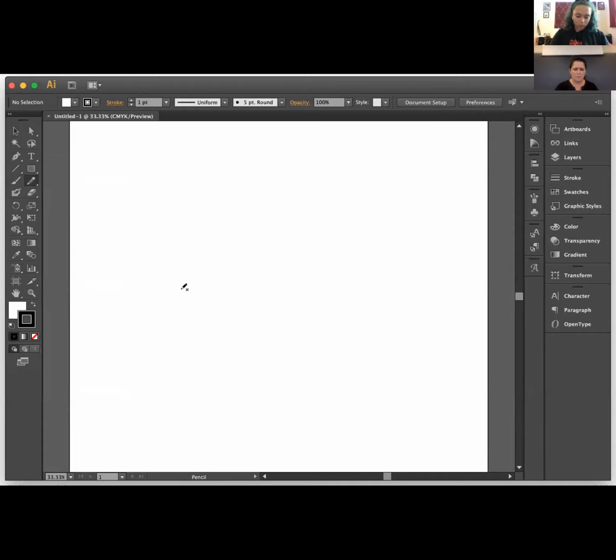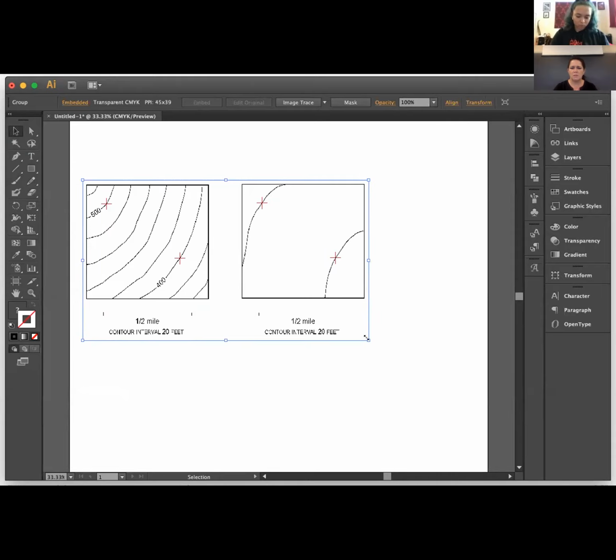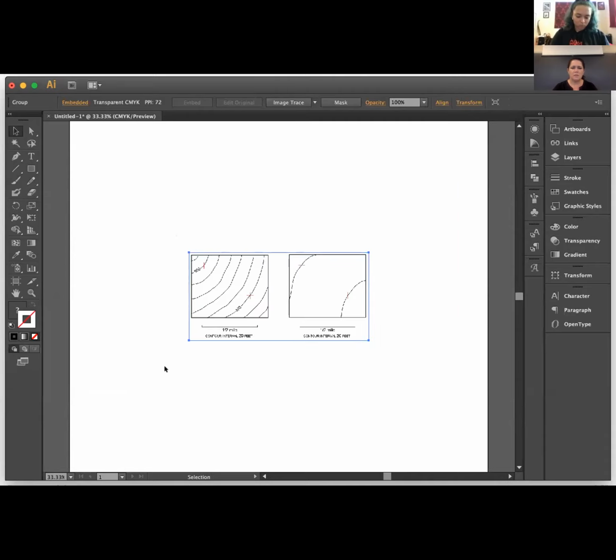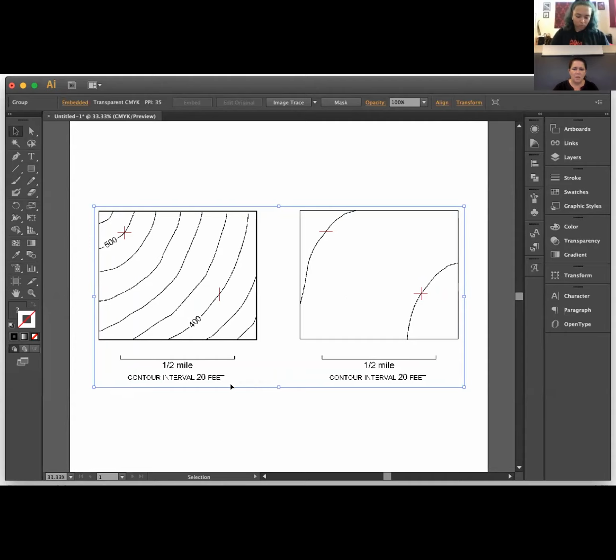Okay, let me paste those two diagrams and make that bigger so you guys can see. Actually, I didn't do that using the right tool. I want this to stay to scale. There we go. So here's the same problem.